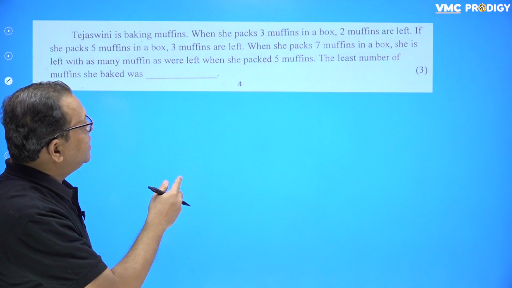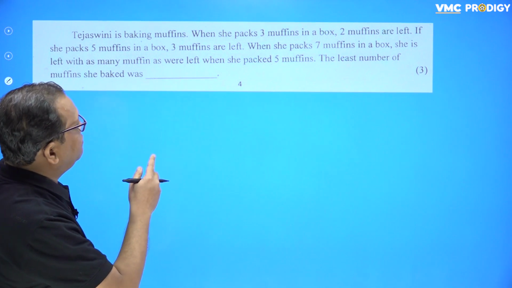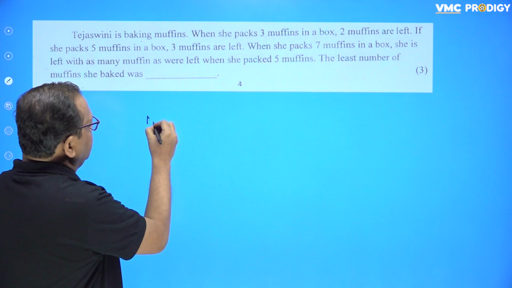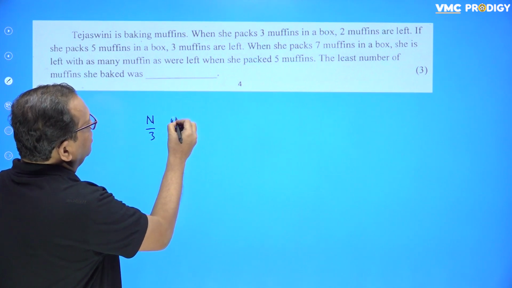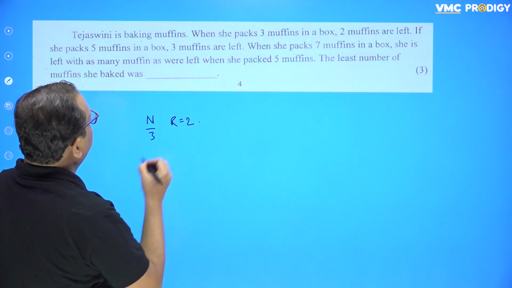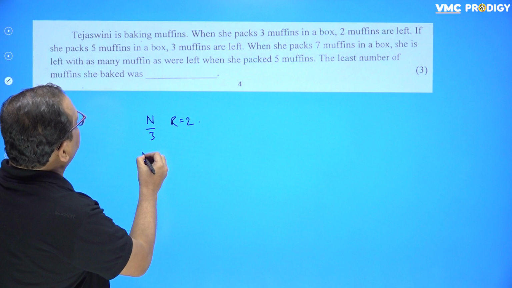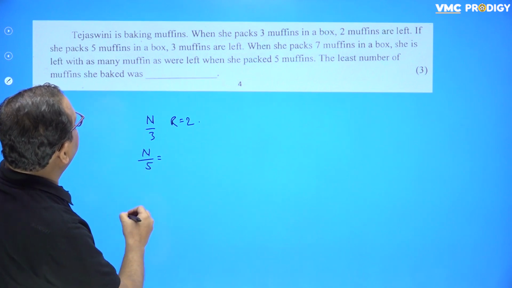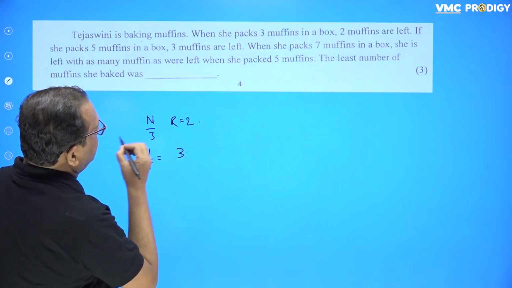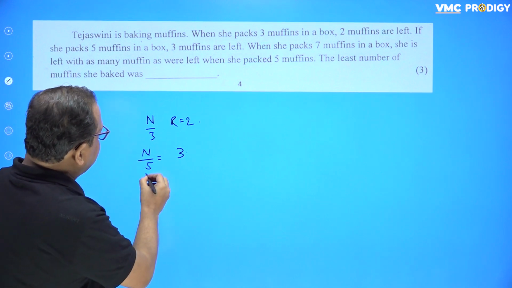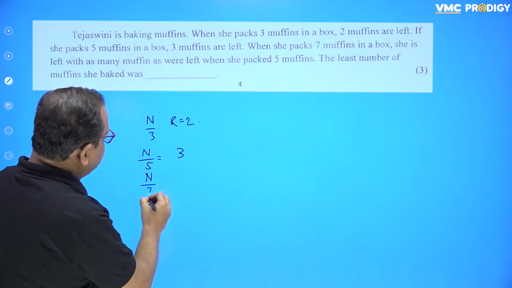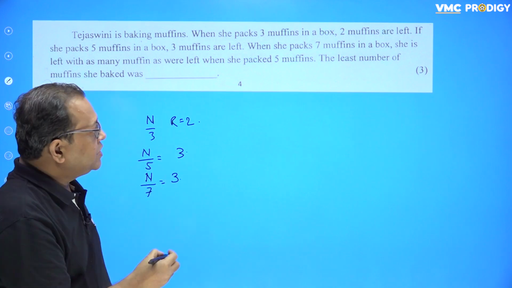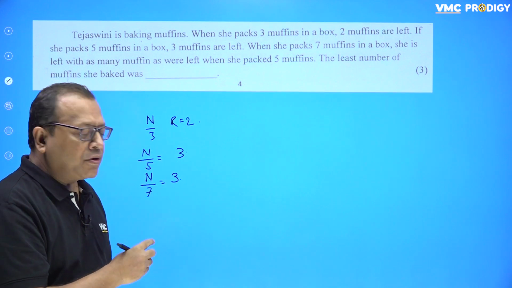It means that if you divide the number by 3, the remainder will be 2. If you divide the number by 5, the remainder will be 3. And if you divide the number by 7, then also the remainder will be 3. What is the least such number of muffins?